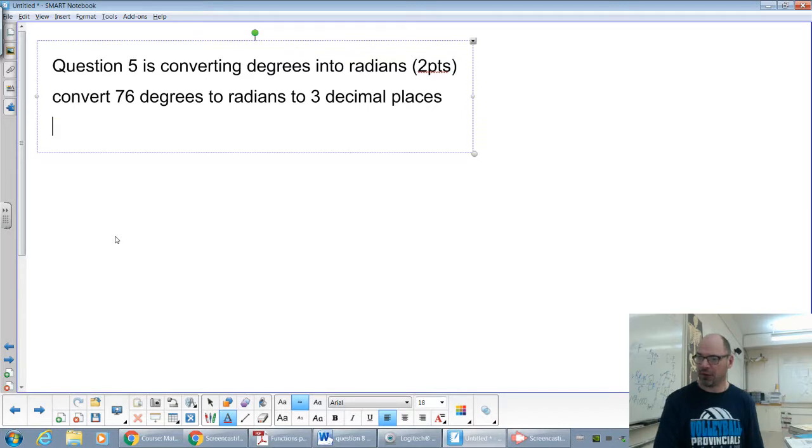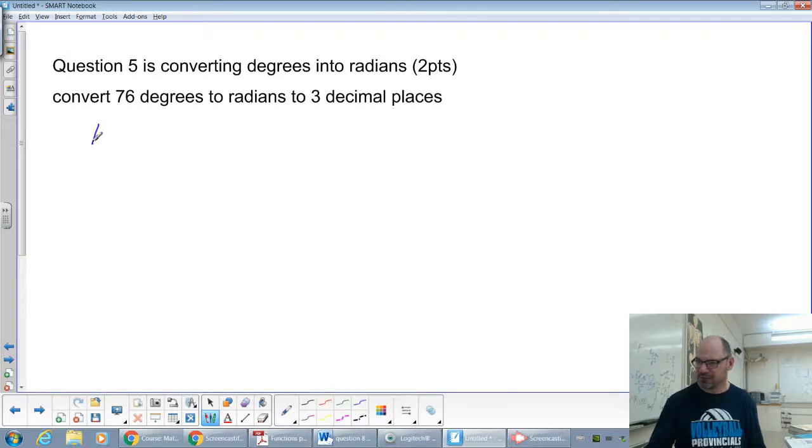Okay, so we know that if we're going to do this, we know that pi radians equals 180 degrees. That's our knowledge, and then we are asked to find radians, so we put an x there, and we're given degrees, so we put them down here.